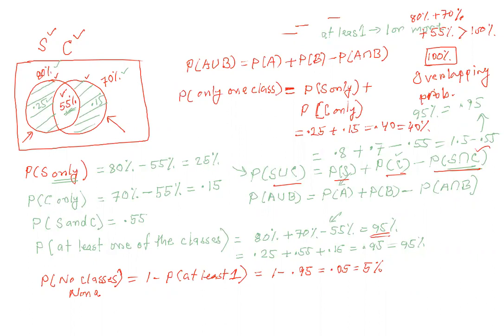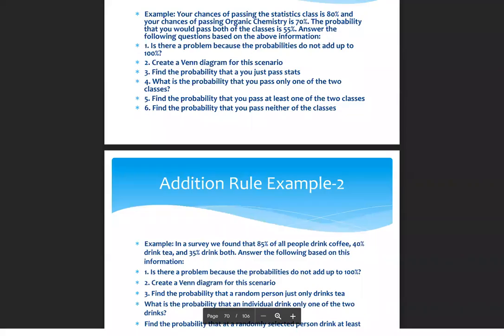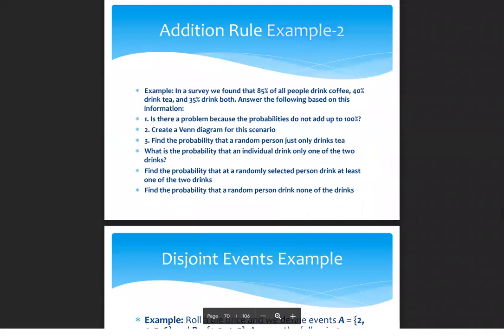Now let's go ahead and see. I meant to say one last thing on this, but I forgot what it is. Let me look at the slide, if there is anything I meant to say. No, I don't see anything. So let's go ahead and do the next problem.